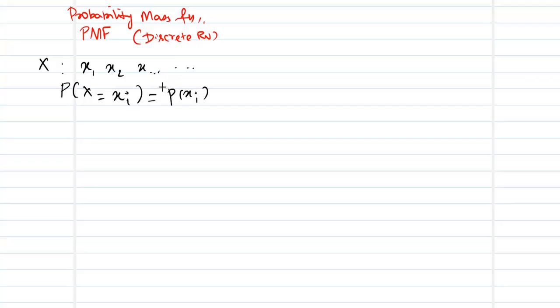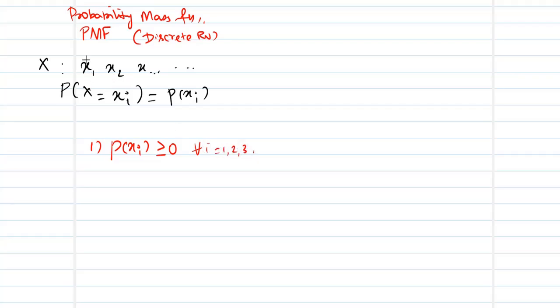Then this p of xi, the probability, has to satisfy two conditions. The first condition is that the individual probabilities associated with each of these values must be greater than or equal to 0, and this must be true for all the values of i which varies as 1, 2, 3.